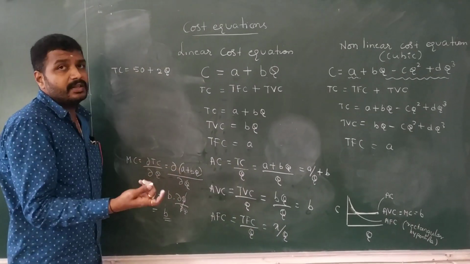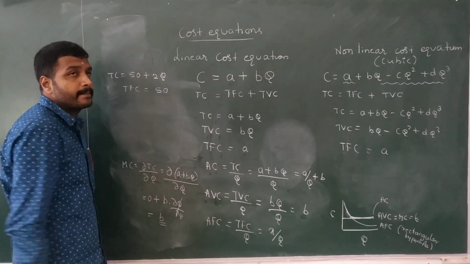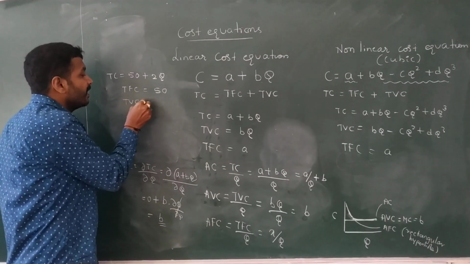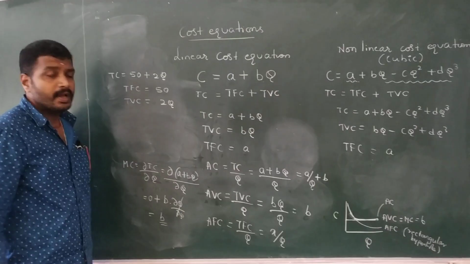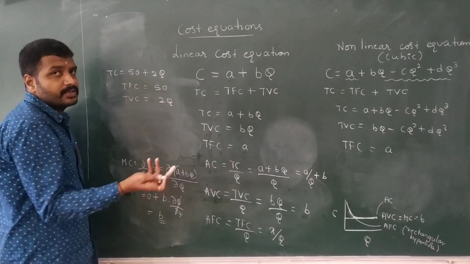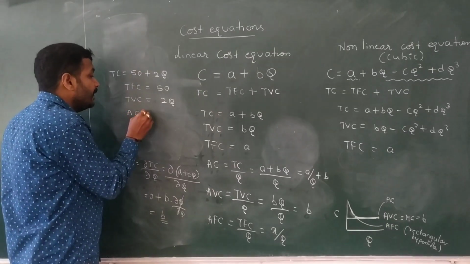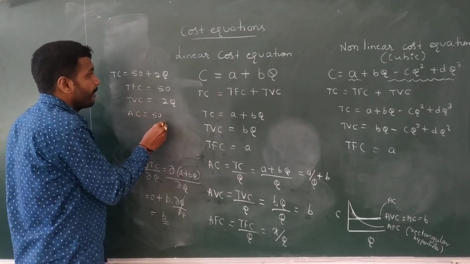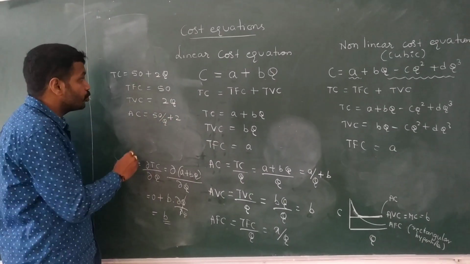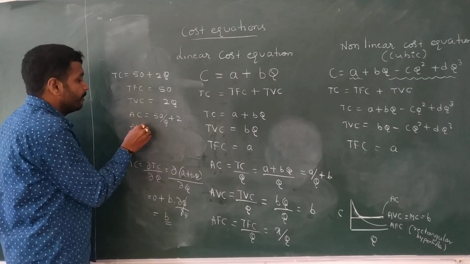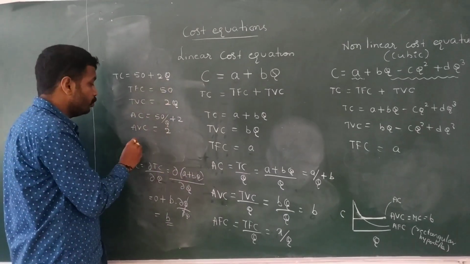Now from this it is very clear the value of TFC used to be 50. The value of TVC used to be 2Q. TC is 50 plus 2Q. So the expression for AC used to be 50 by Q plus 2. And the expression for AVC used to be 2. Is it not 2Q divided by Q? It used to be 2.